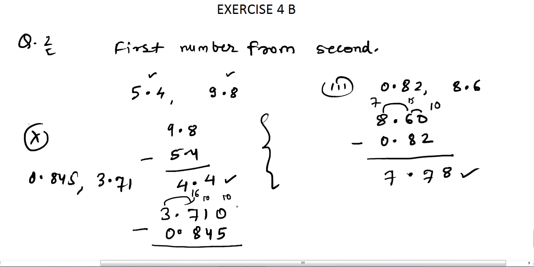So 10 minus 5, 5. 10 minus 4, 6. 16 minus 8, 8. Then this 3 will be 2. So 2.865 is required answer. Now you can solve question number 2.